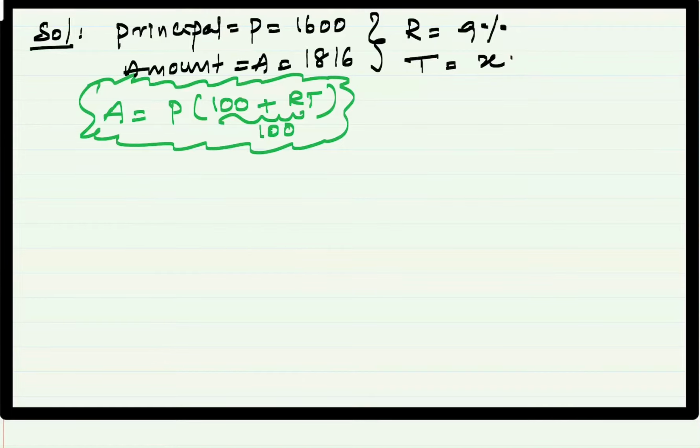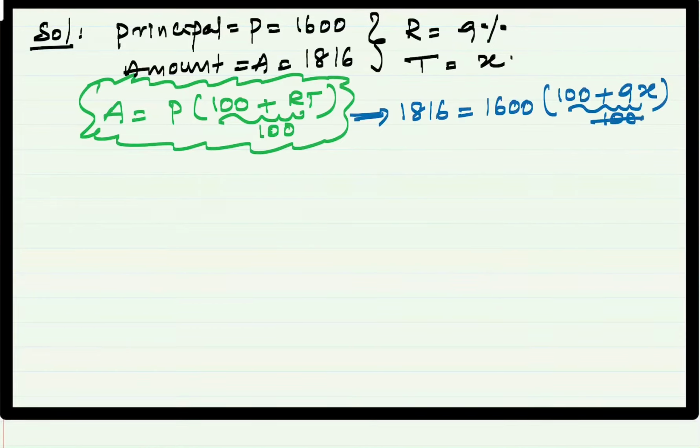So here you can write the A value, you have to substitute here, that is 1816. P value is 1600 times (100 plus R value 9, T value X) whole by 100. This 100, these two zeros cancel here. So next step we can write 1816. This 16 we have to take to this side.